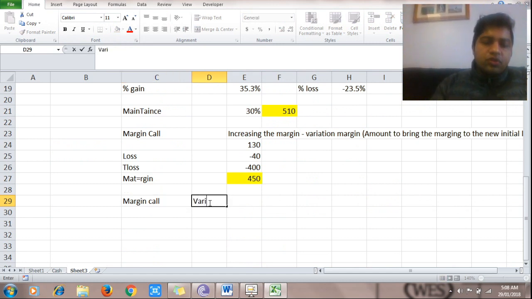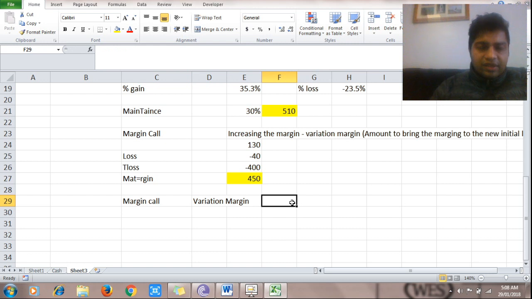So you have to add in the variation margin. You have to put in the additional money to stay in the trade. How much additional money? So initial margin was 50%. The stock is at 130. So margin to stay in the account is 130 multiplied by 50%, 65, into 10, $650.